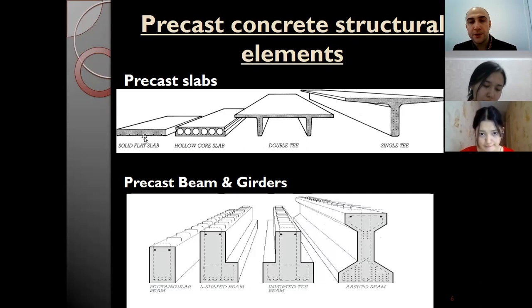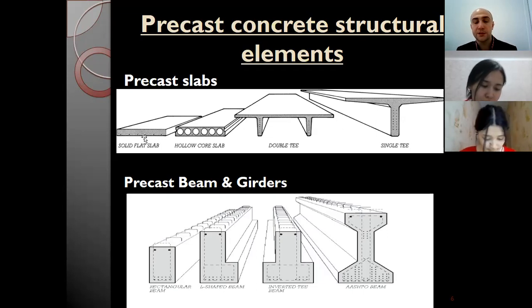The most often used structural elements are precast slabs. The precast slabs are divided into some types, such as solid flat slab and hollow core slab. The hollow core slab is one of the popular types for buildings of various requirements like residential buildings and social buildings.